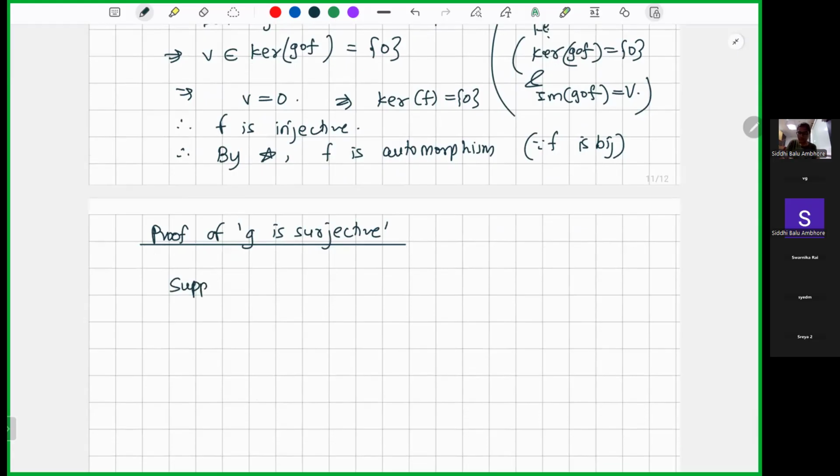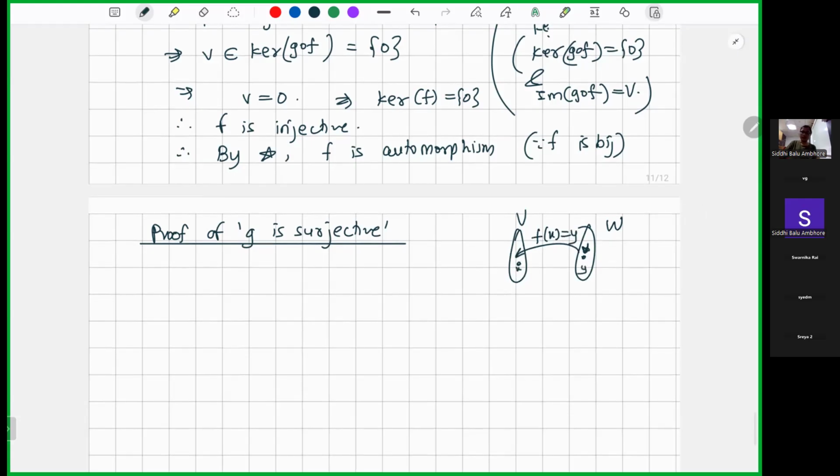To prove something is surjective, we start with some element from the codomain and find some element in the domain. So if I choose some element from the codomain, I have to find some element in the domain such that its image is that point. That's what I want to find.